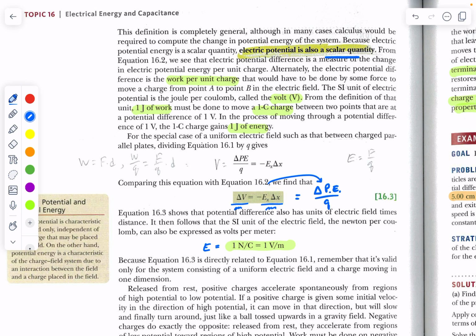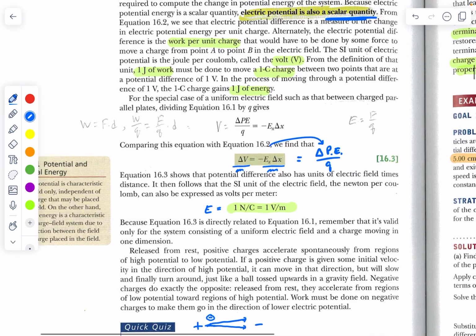It also means that when we do 1 joule of work to move a 1 coulomb charge, it's going to be the equivalent of 1 volt. From the definition, 1 joule of work must be done to move 1 coulomb of charge between 2 points that have a potential difference of 1 volt.